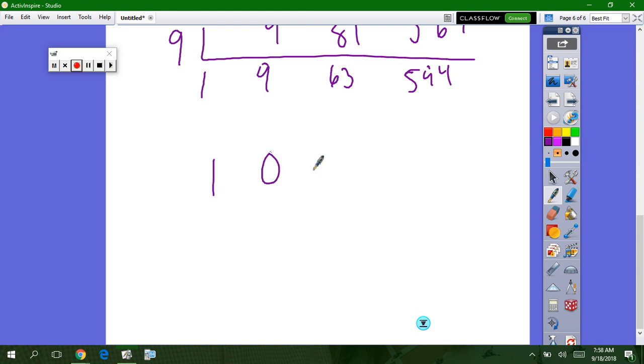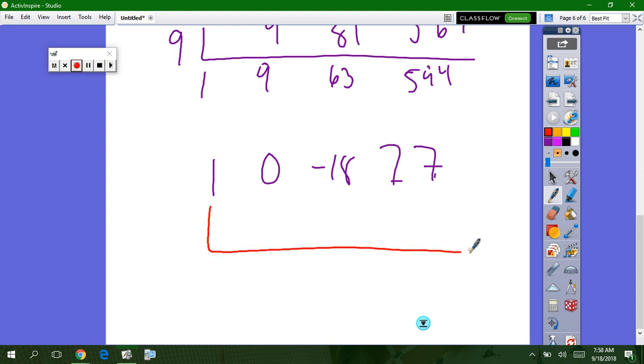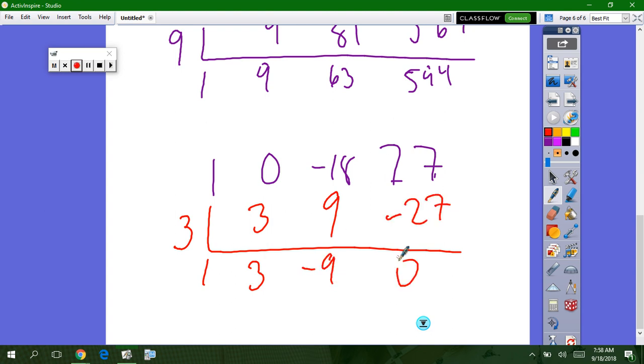1, 0, negative 18, and 27. Okay, let's pick it. Now, I was wrong.